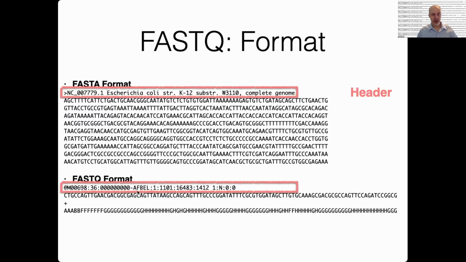This is the serial number of the flow cell. I can never remember what this one is for, so let's ignore that. This tells you the coordinates on the flow cell where this specific read came from.